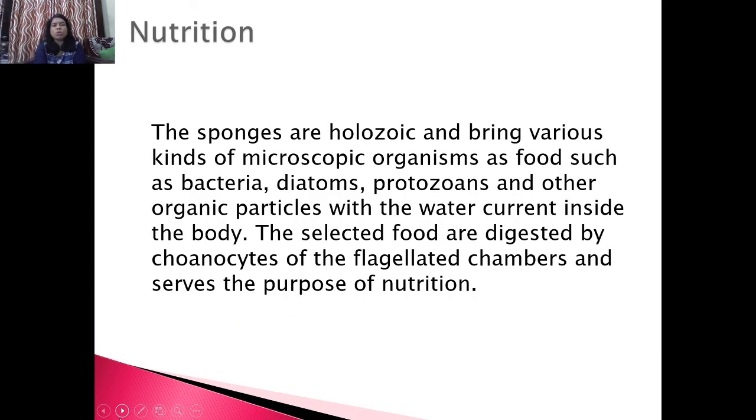As you know, the sponges are holozoic and bring various kinds of microscopic organisms as food, such as bacteria, diatoms, protozoans and other organic particles, with the water current inside the body, and the selected food is digested by the choanocyte cells of the flagellated chambers and serves the purpose of nutrition.